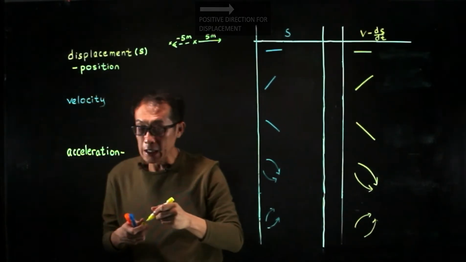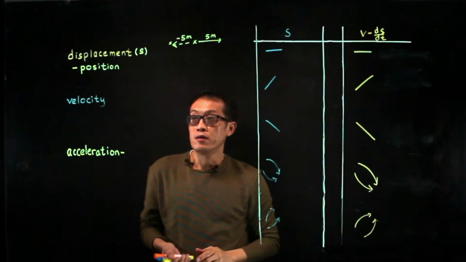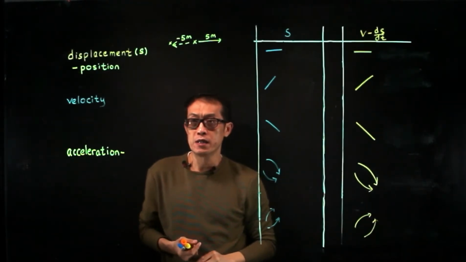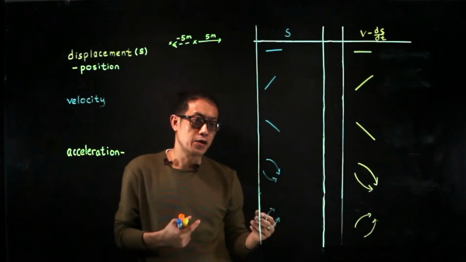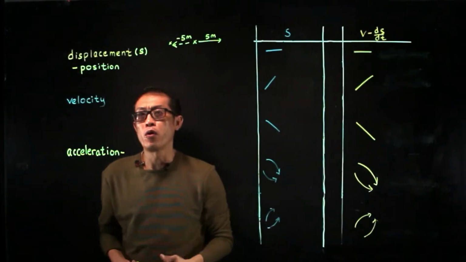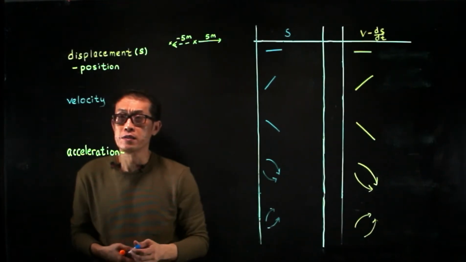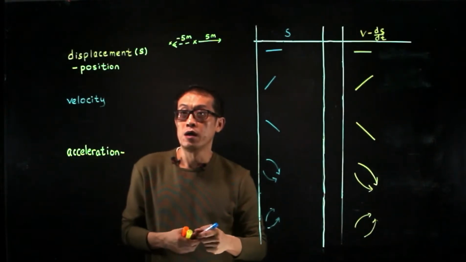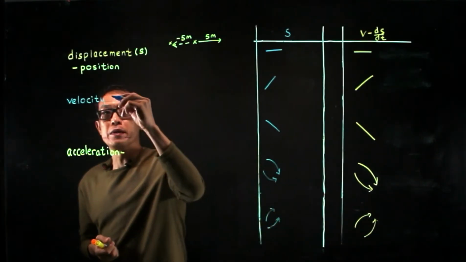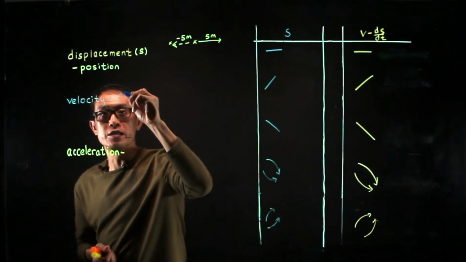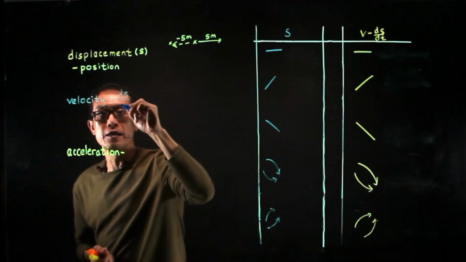And what is velocity? Velocity is the rate of change of displacement. It's how fast an object is moving away or towards a certain point in a specific direction. That is called velocity. So mathematically, it's the rate of change of displacement, so it's ds by dt.